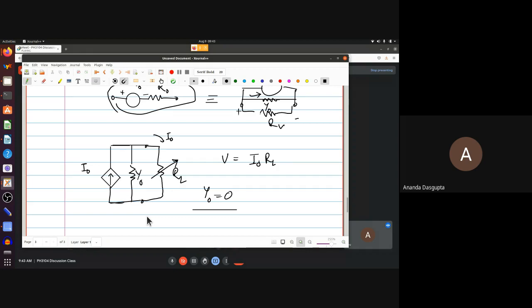If you could create an ideal current source, and in fact you can come pretty close to an ideal current source. You can't create an exactly ideal current source in real life, but you can come pretty close to it. And that's the approximation that we often use. We often approximate our current sources with ideal current sources.